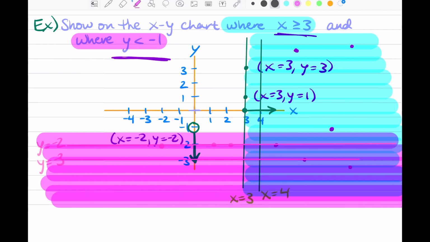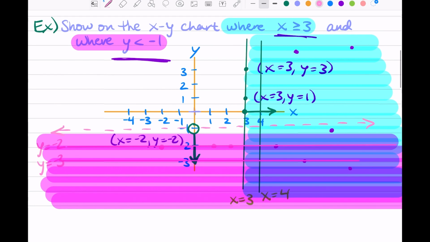And with our circle, we don't draw a solid line left to right, we draw a dotted line, because this is where y is equal to -1, but we want to emphasize that we're not including this as part of our solution. So everywhere below the dotted line is where y is less than -1.